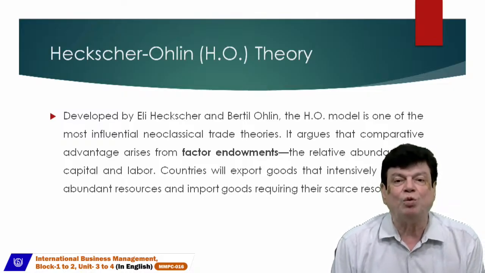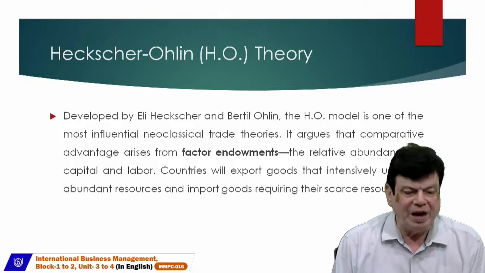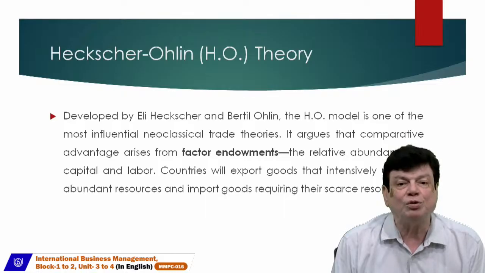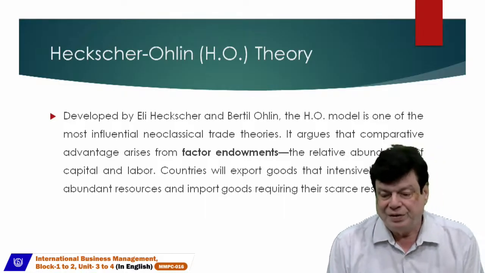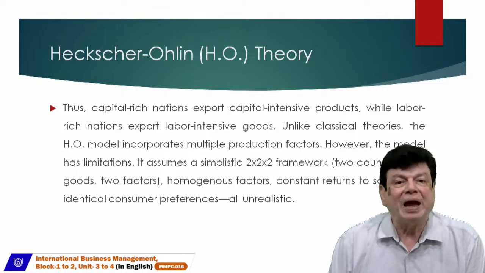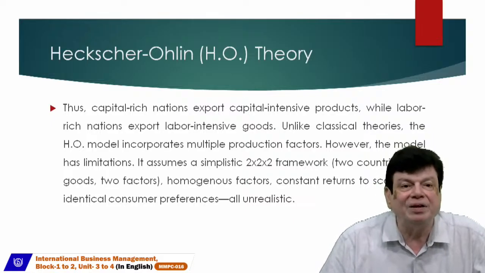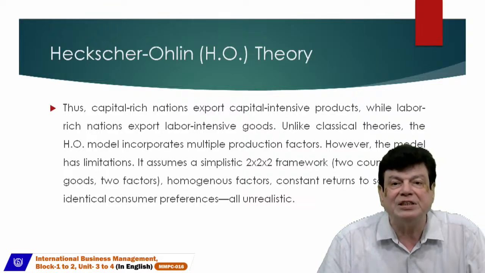Countries will export goods that intensively use their abundant resources and import goods requiring their scarce resources. Thus, capital rich nations export capital intensive products while labor rich nations export labor intensive goods.